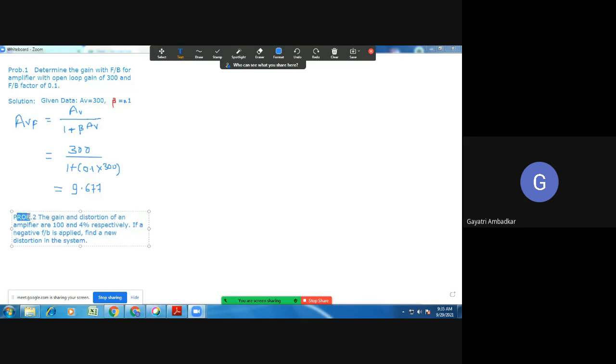What is given? Write this given data and then the solution.